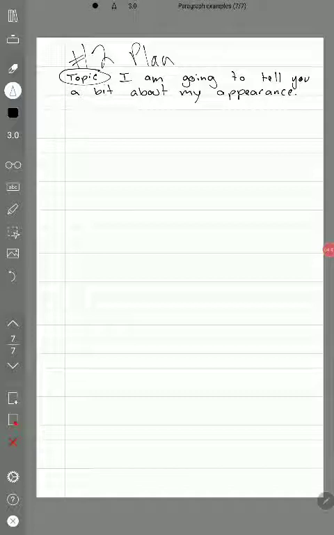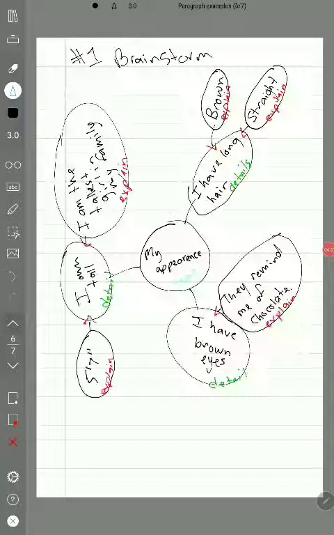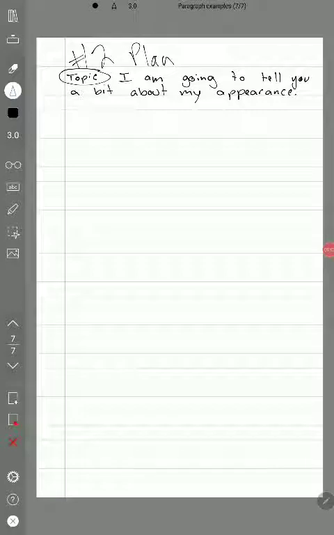And this is always challenging to write, your topic sentence, because you don't want to actually tell your readers any of these details or any of these explanations that we wrote earlier. We just want to tell them the topic, that we're going to give them more information about our appearance. And this is kind of a weak topic sentence. It's not great, but I can always go back during my step 4 and revise it to strengthen it and make it better. But right now I'm just trying to get my ideas down in my plan.